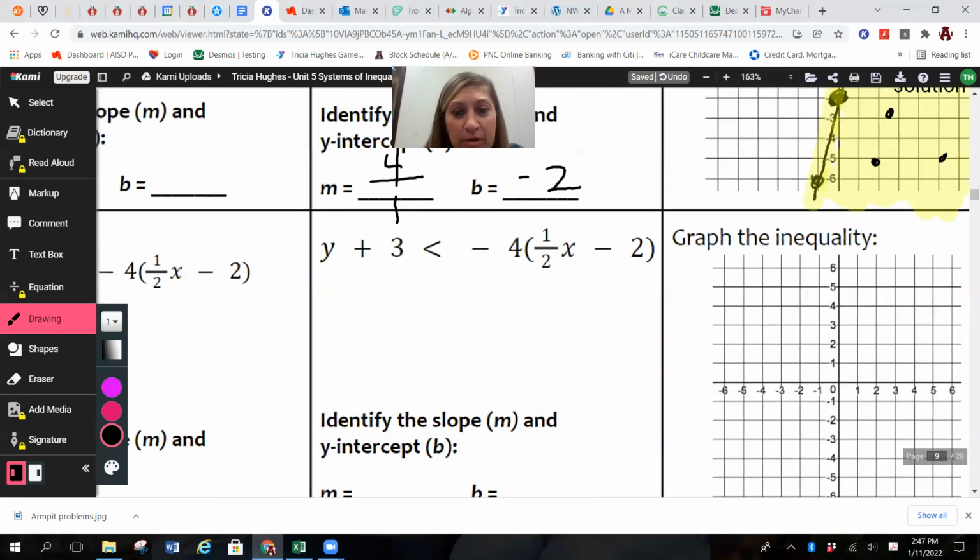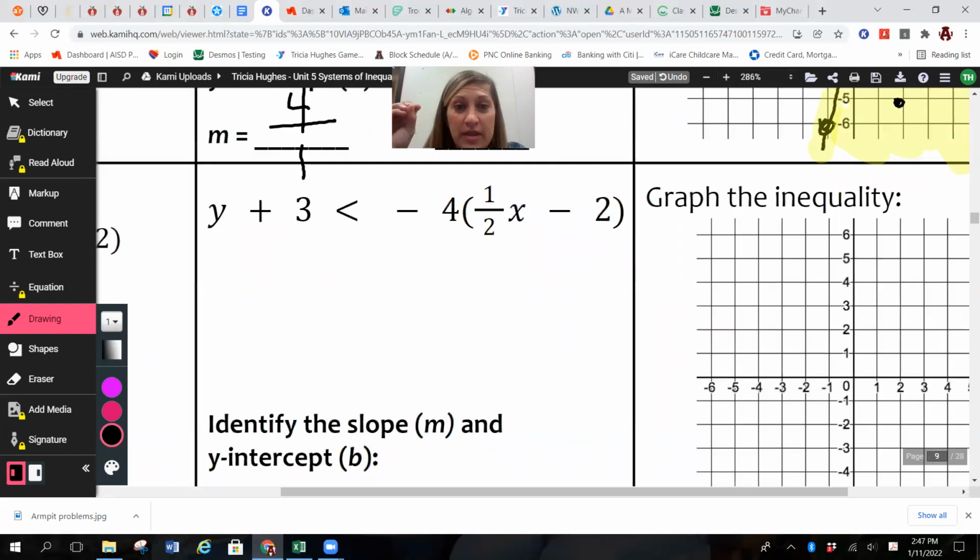Okay, final problem is graphing this point slope form question. Remember, we're going to multiply -4 times 1/2. The other way you could say that is, what is half of -4? Well, half of 4 is 2, so half of -4 would be -2.